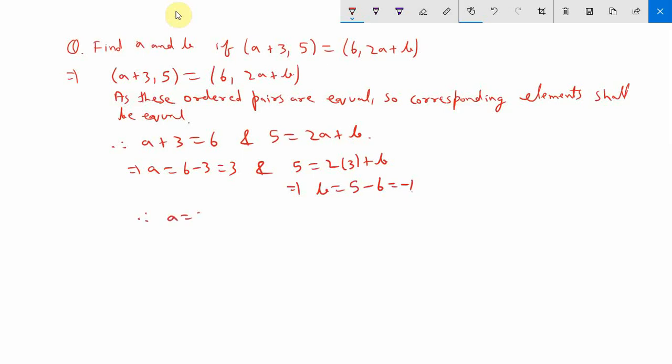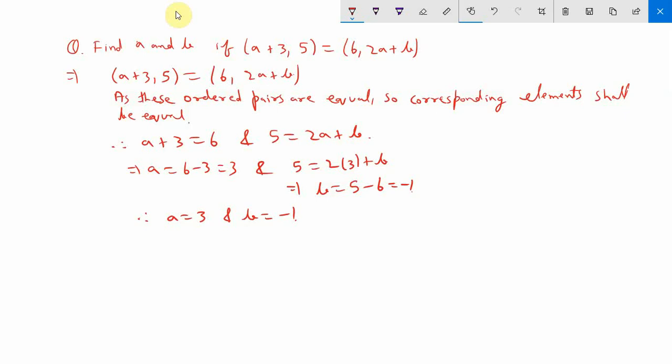Therefore a equal to 3 and b equal to minus 1. Okay friends. So next we will discuss, if ordered pairs are given, how to find the sets A and B.